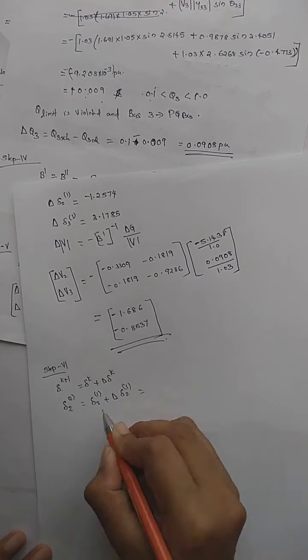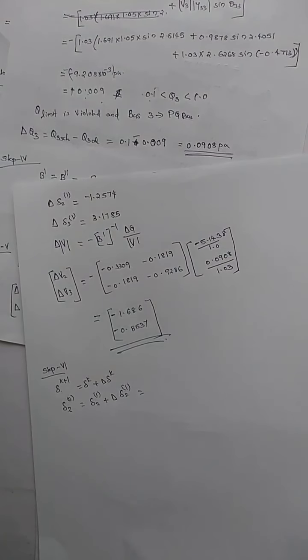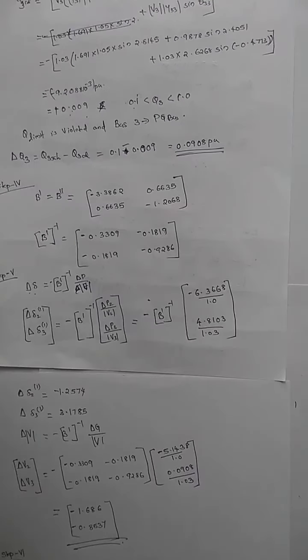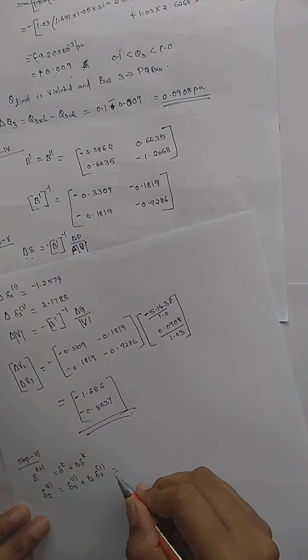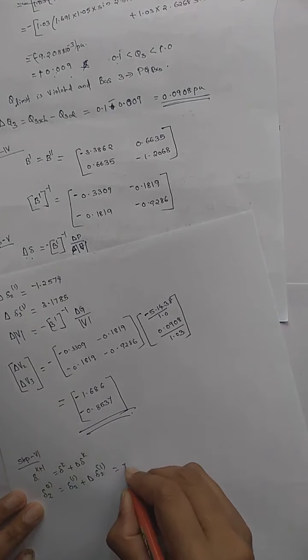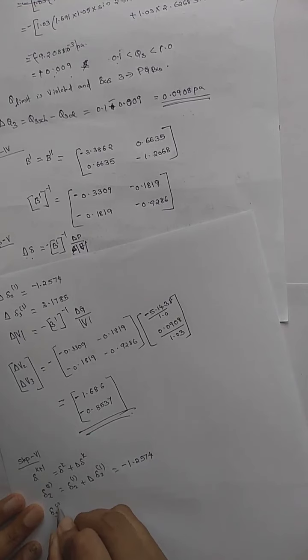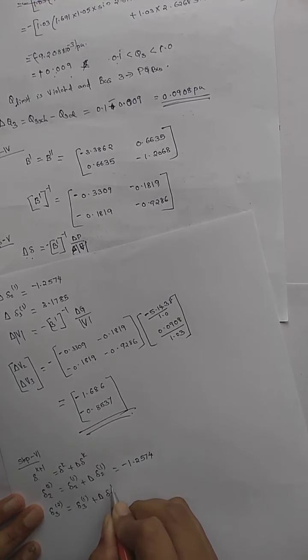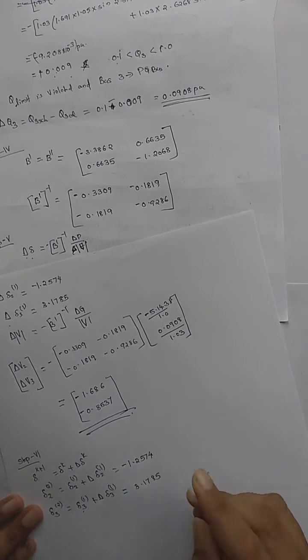Delta 2 of the first iteration is 0, plus delta 2, which is minus 1.2574. Delta 3 for the second iteration is equal to delta 3 of the first iteration, 0, plus 3.1785.